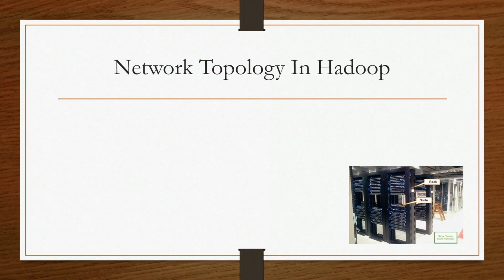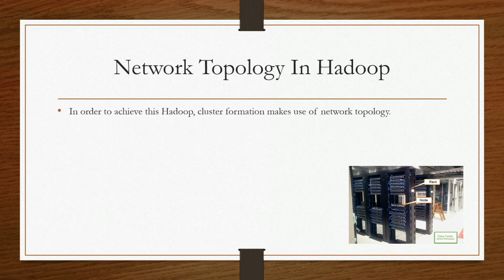Network topology in Hadoop. The topology of the network affects the performance of the Hadoop cluster. When the size of the Hadoop cluster grows, in addition to the performance, one also needs to care about high availability and the handling of failure.